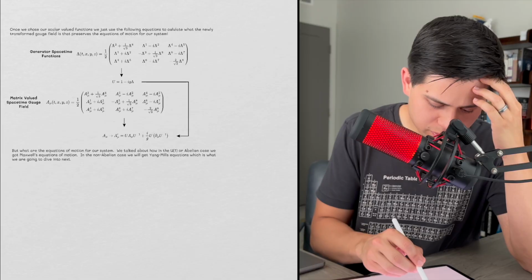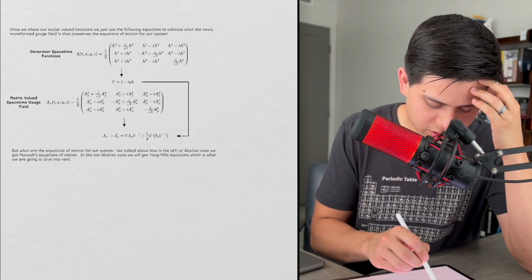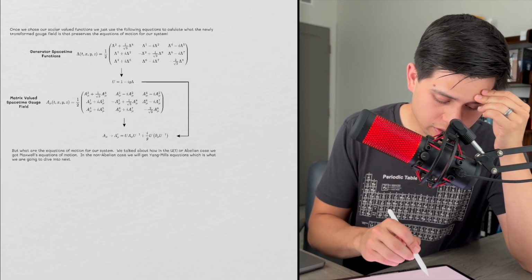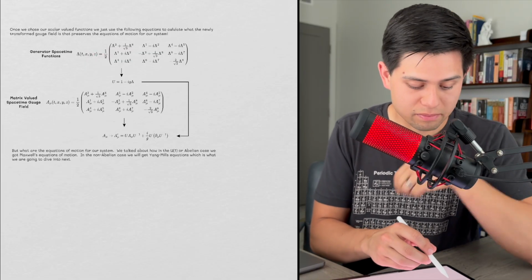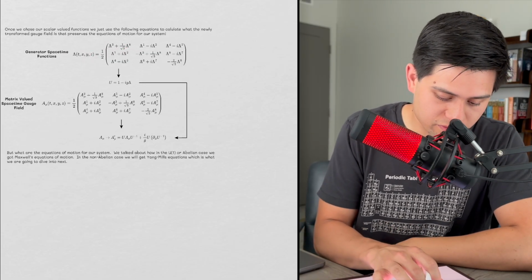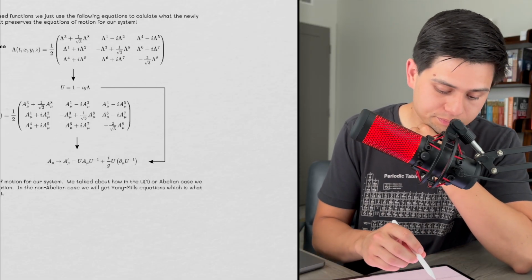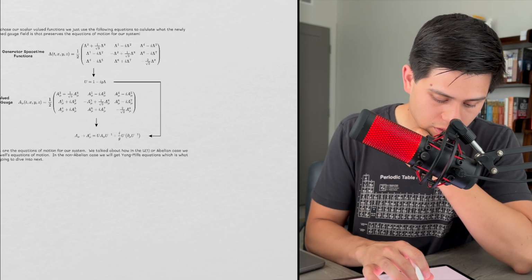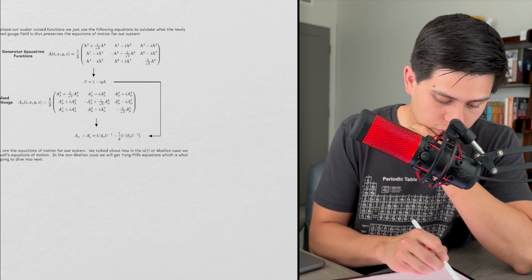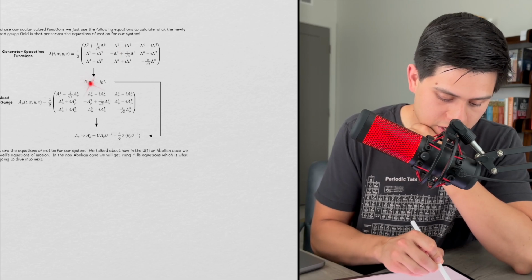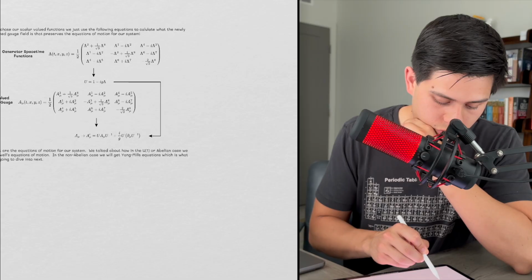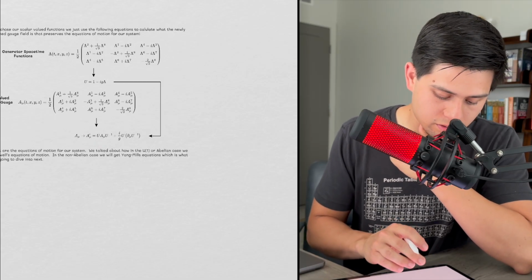It's a very similar structure. That's how we can think of this as a matrix. But again, these things are individual functions by themselves. And so we use this to generate U, and then we use U to move A.